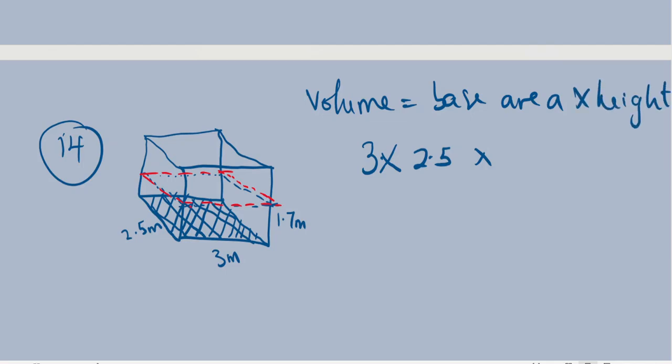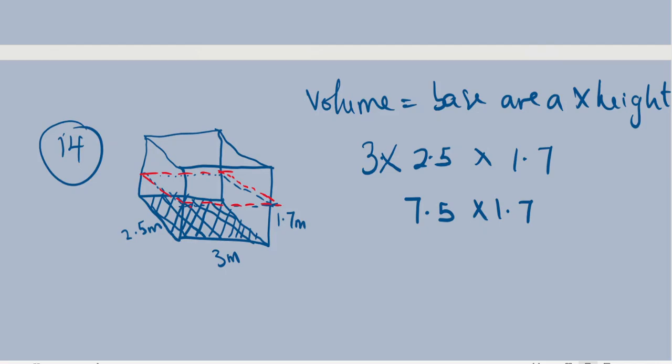We know that base area is 3 by 2.5 and the height is now 1.7. So 3 times 2.5 times 1.7 will give you what? 3 times 2.5 will give you 7.5. And 7.5 times 1.7 will give you a value.